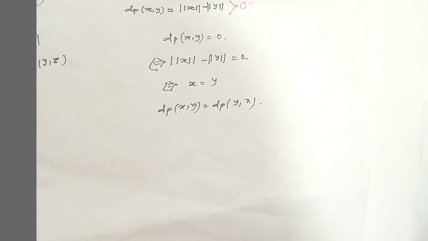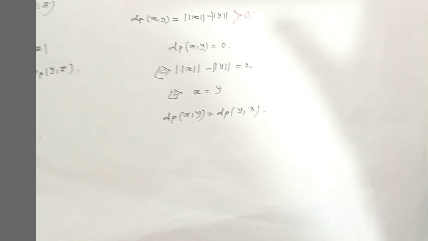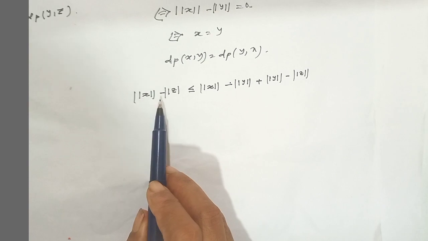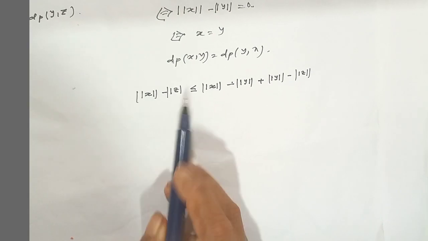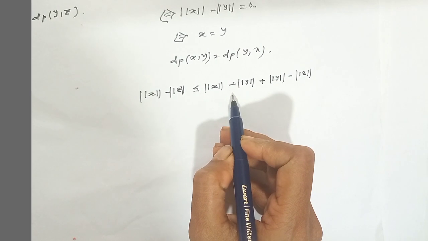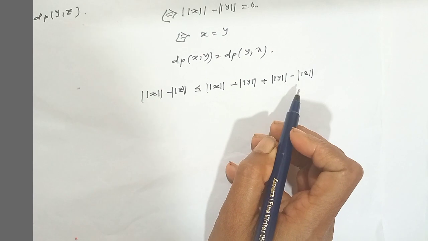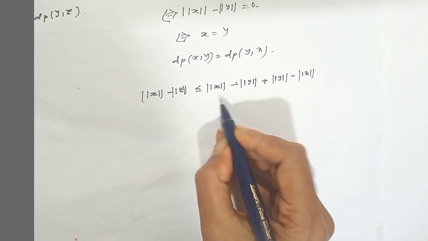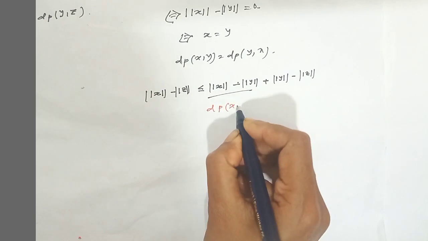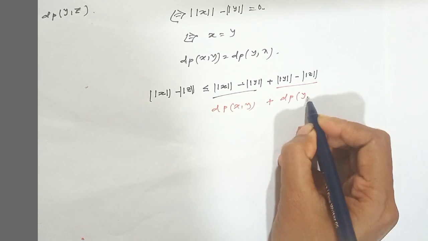And the last property, the triangle inequality, is also satisfied, because |x| minus |z| is always less than or equal to |x| minus |y| plus |y| minus |z|, and this equals dp(x,y) plus dp(y,z).